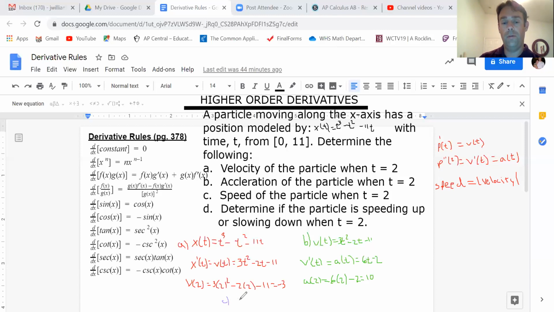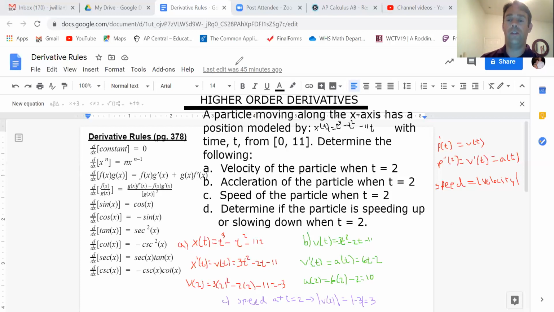It's negative 3. So speed at t equals 2 is the absolute value of the velocity at 2, which is the absolute value of negative 3, which is a positive 3. So speed doesn't care if it's positive or negative.